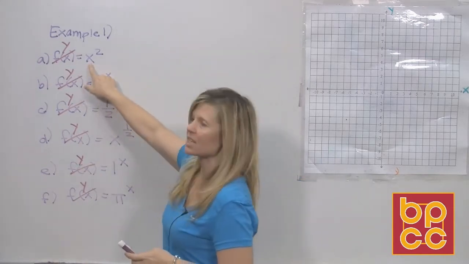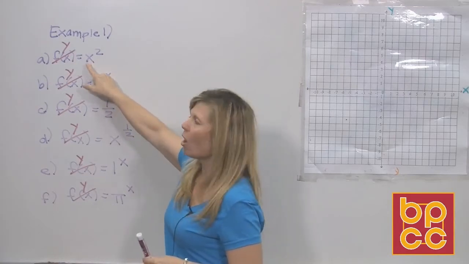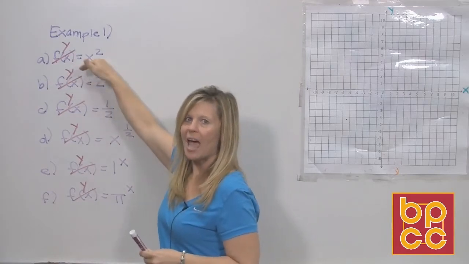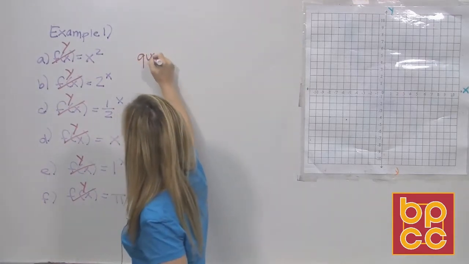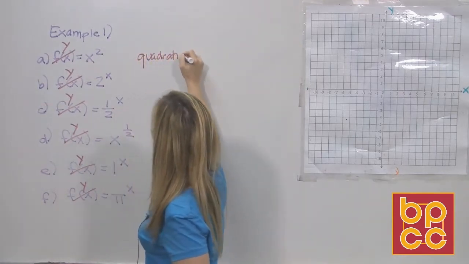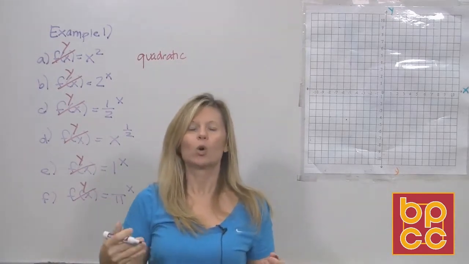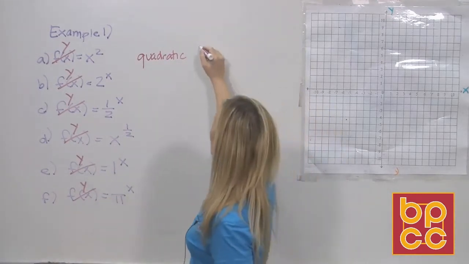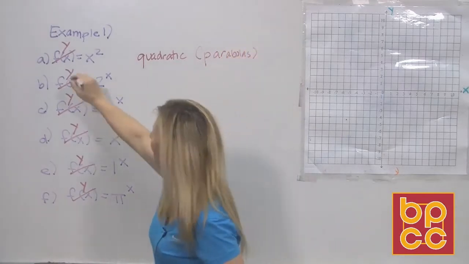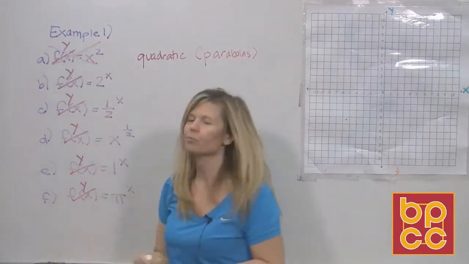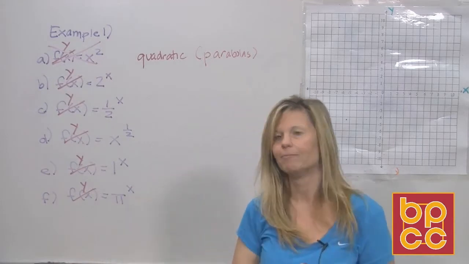No, your base is a variable. If you recall, we've already learned to graph this. X squared is what type of equation? Very good. It's quadratic. And we just learned in Module 14, quadratic equations are graphs of parabolas. So this is not exponential. Okay? We've already learned how to graph that.